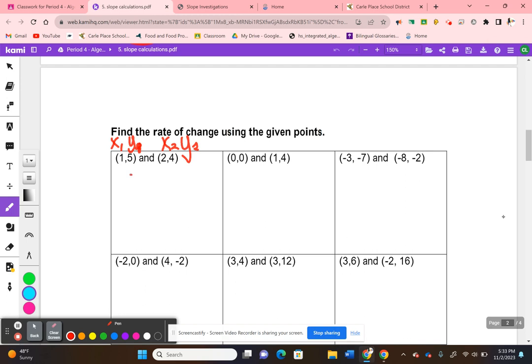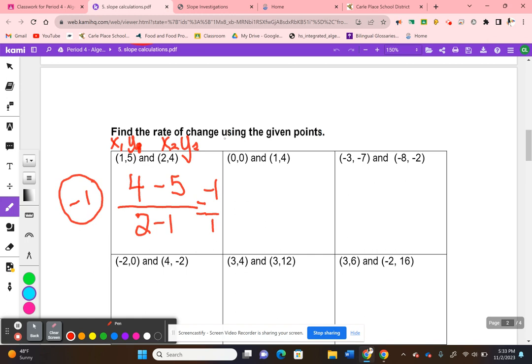So I'm going to do 4 subtract 5 over 2 subtract 1. And then you can just put it in your calculator and do the math. And 4 minus 5 is -1, and 2 minus 1 is +1. So again, you can leave it like that, or you can reduce it to -1.